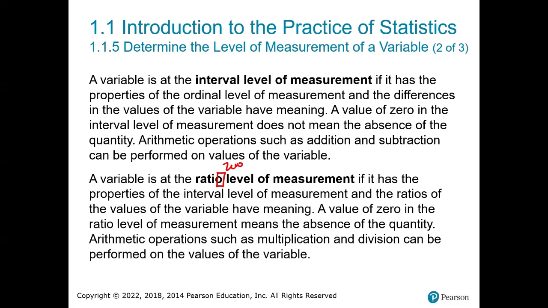A lot of these are calculated or counted, like the number of children. 0, I can't have negative children. 0 means 0, I have none. So a value of 0 in a ratio level of measurement means the absence of the quantity. Up here, a value of 0 does not mean I have nothing, and I can go negative up here, or I can go before it.